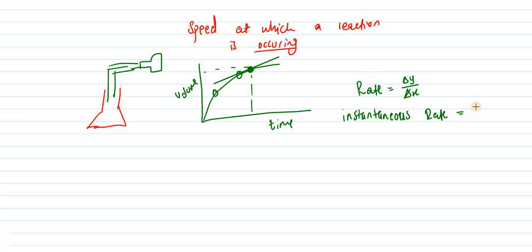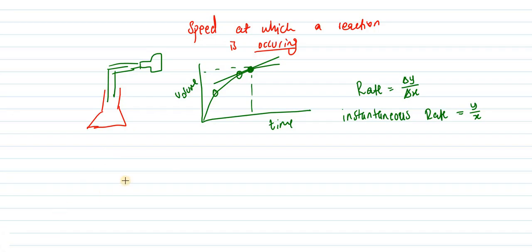That's the volume you're gonna write here, volume over time, meaning you're gonna have y over x. That's gonna give you the instantaneous rate, okay? But essentially you're just collecting the gas that is being produced, and that gives you a picture of how fast is the gas being produced, or how fast is the reaction going, right?